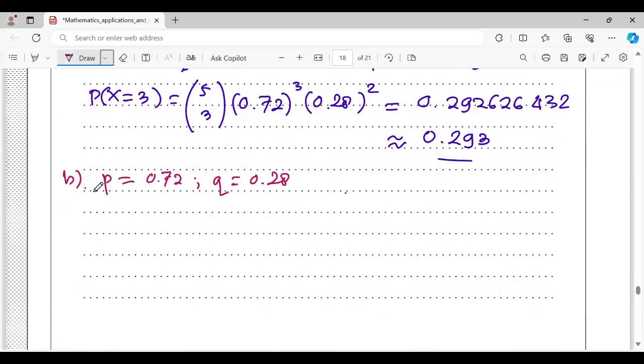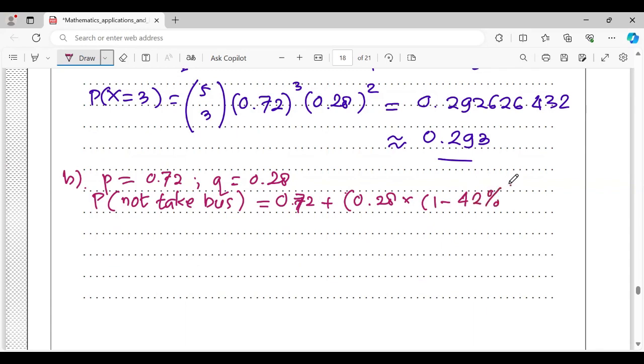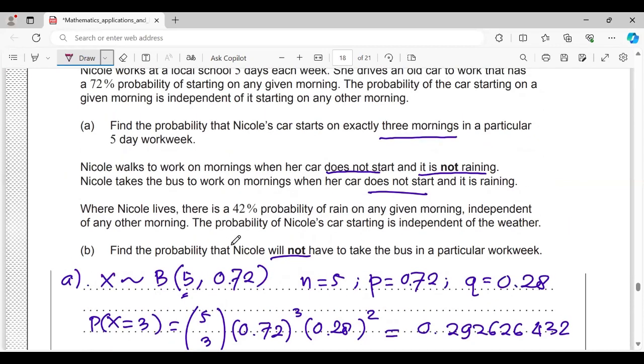So the probability of not taking the bus is 0.72 plus 0.28 times 1 minus 42%, according to this information.